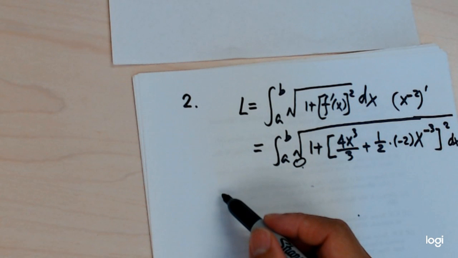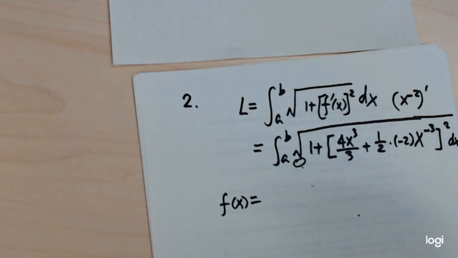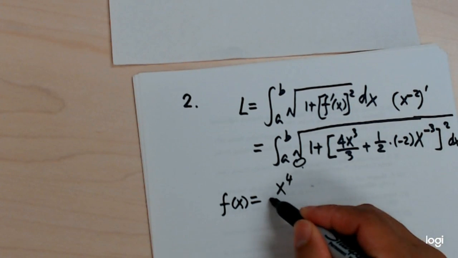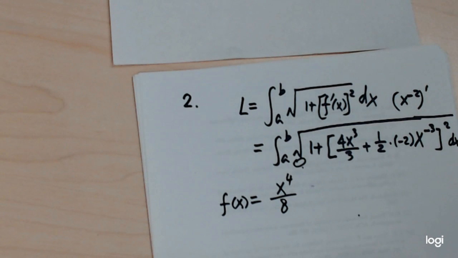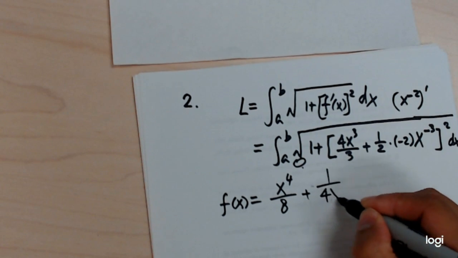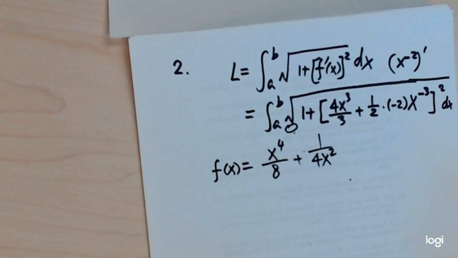So let me replace this problem with a different one, where f of x is given by this formula, which is very similar, but let's try this out instead, okay?